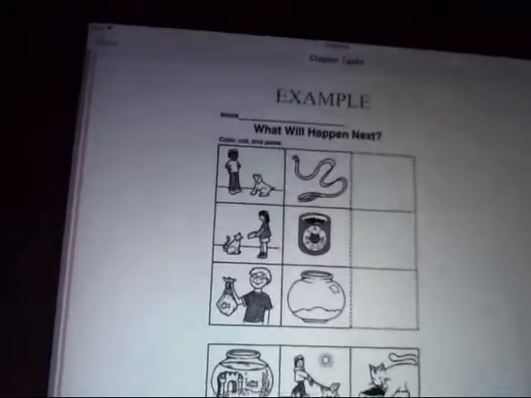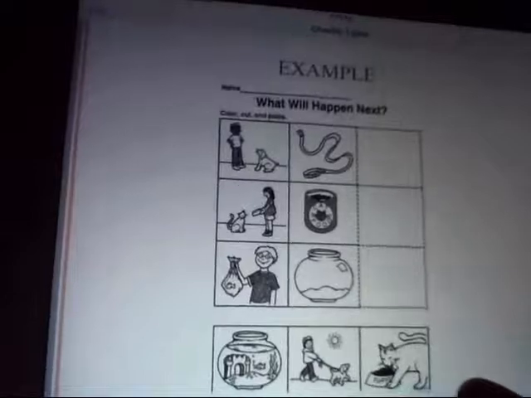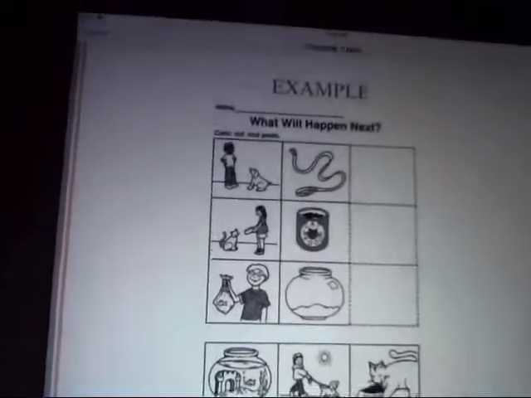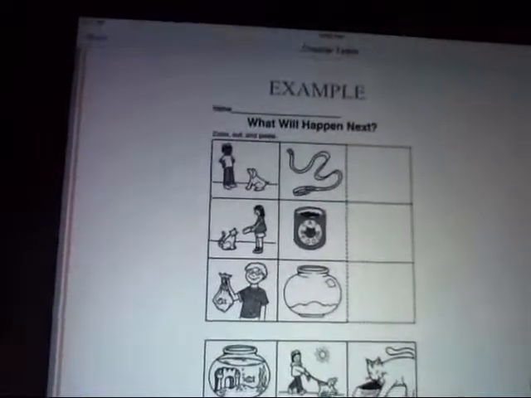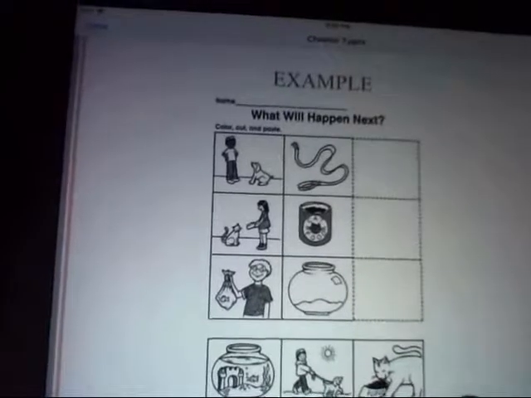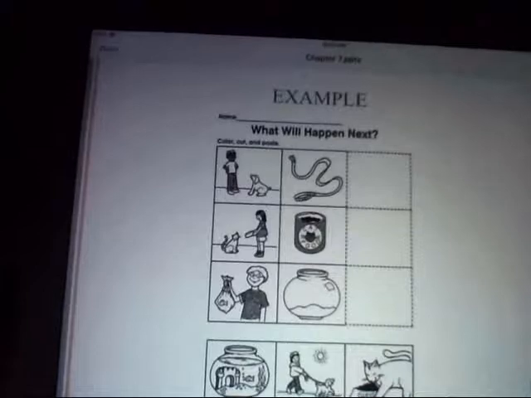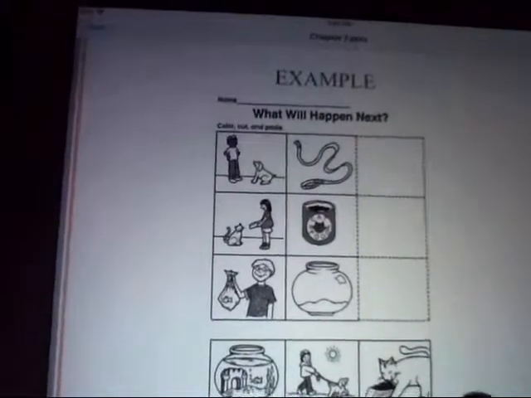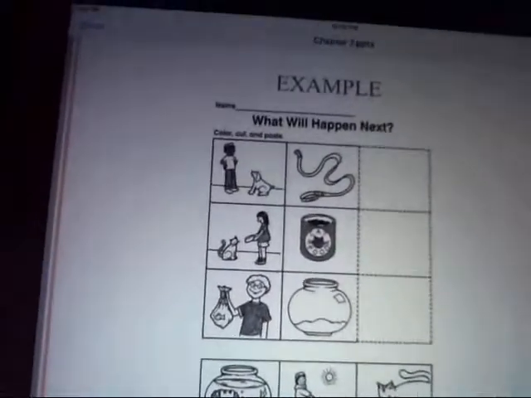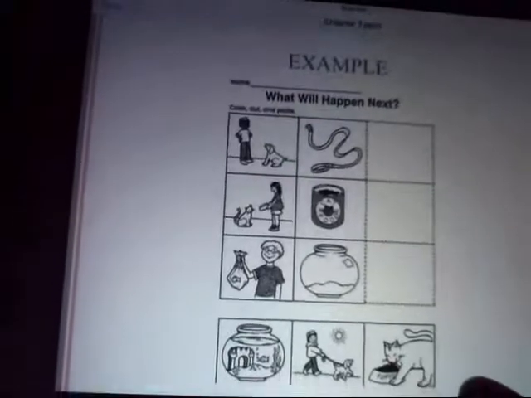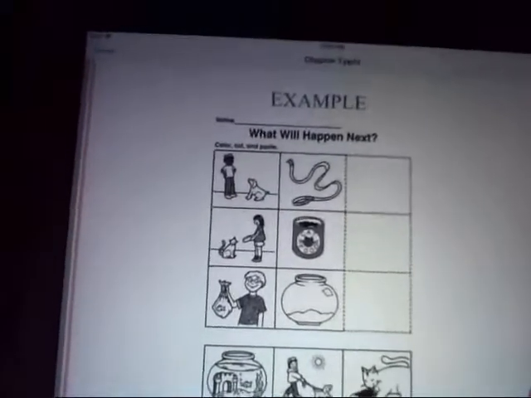They have something to rationalize and get somewhere while they're explaining what happened. For upper grades, they can write it down, go into more detail, maybe ask for a certain amount of sentences, paragraphs, even write a whole story about the pictures. And then that's how they do their critical thinking.